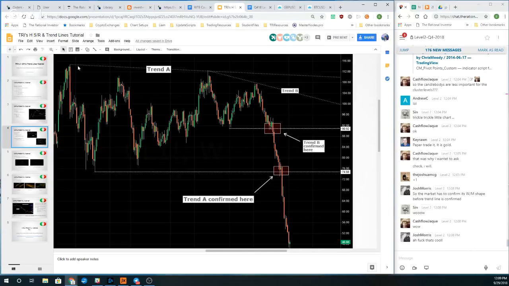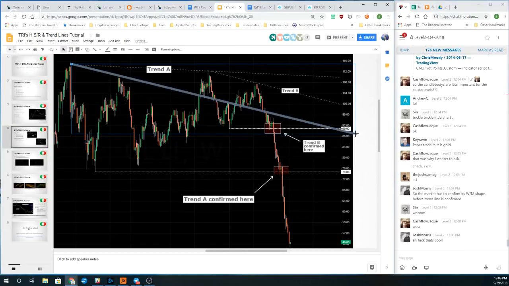If I just draw this, we'll draw this as the trend line, but that simply is not correct. And the interesting thing is that the market never did validate this as a trend line. Support and resistance, sure, but not a valid trend line.